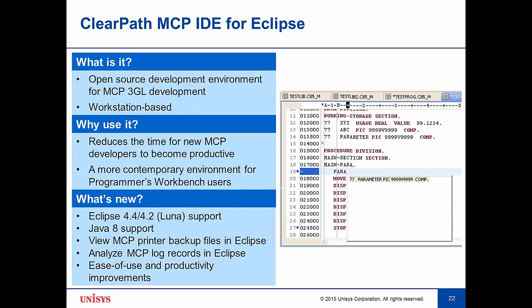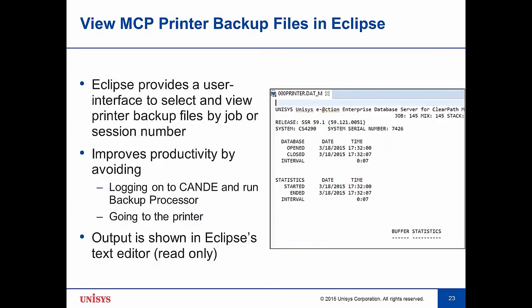There are a number of enhancements to Eclipse. There's support of the Luna release and also Java 8, and a number of productivity improvements. One of the things that developers have to do when they're testing and debugging a program is often they have to look at the output from the program.